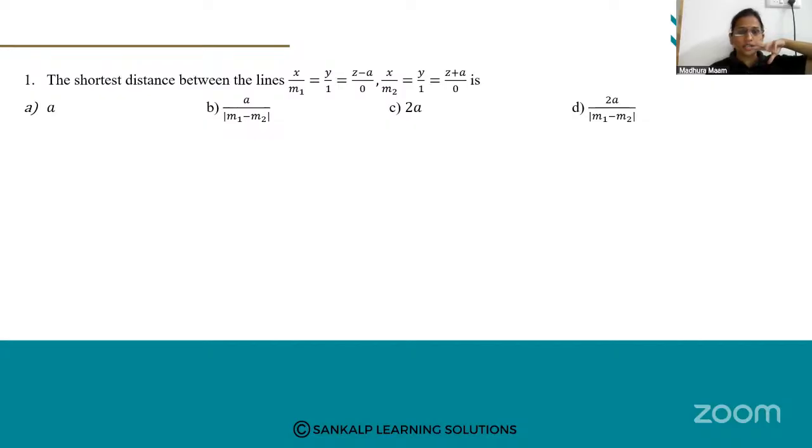So x1 becomes 0, y1 also becomes 0, z1 becomes a, and this is your a1 b1 c1, this is your a2 b2 c2. Here also x2 will be 0 because this is x minus 0, y minus 0, this is minus a. Okay, this question is a straight away question. I will leave this for you as homework and the answer would be here 2a. Okay, the answer would be here 2a.